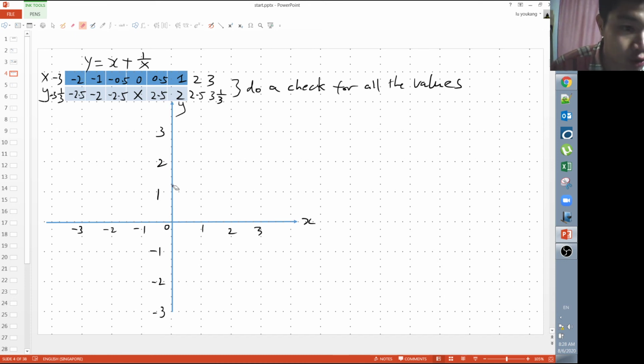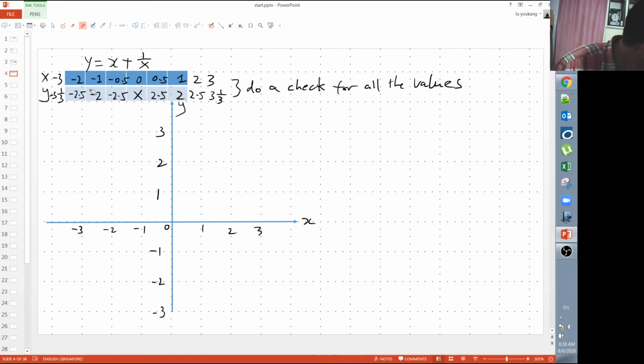So it's important to check your values. I almost made a mistake here. I don't want you to make any mistake. Even if you do make a mistake, you should realize it and self-correct. It's always good practice to check all the values in the table before you draw the graph. So let me double check the values first.